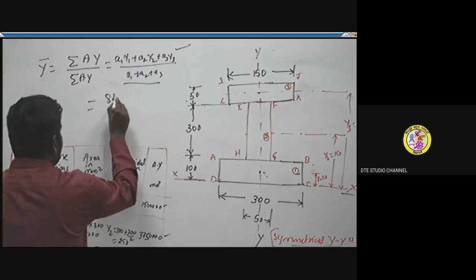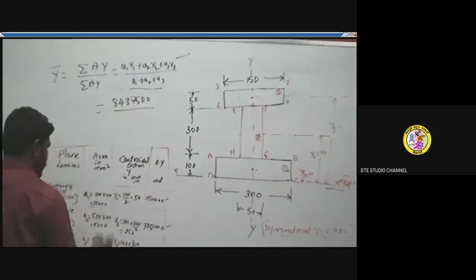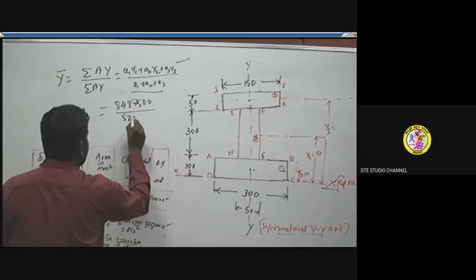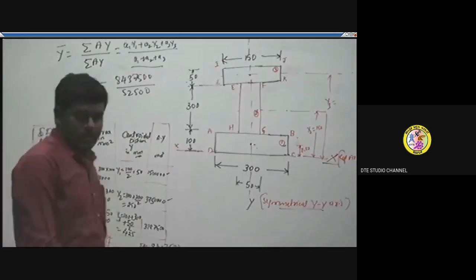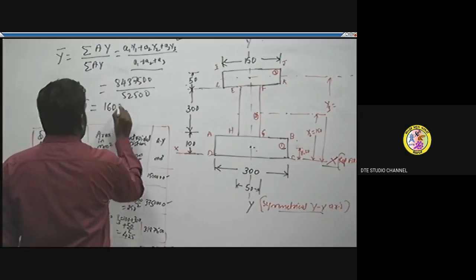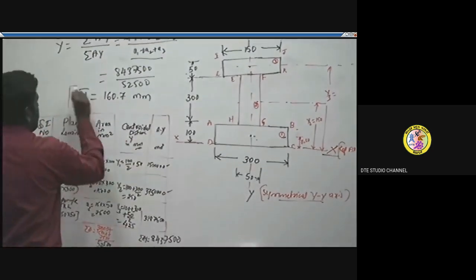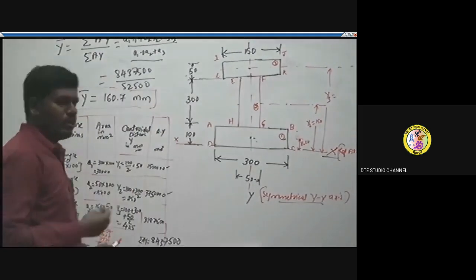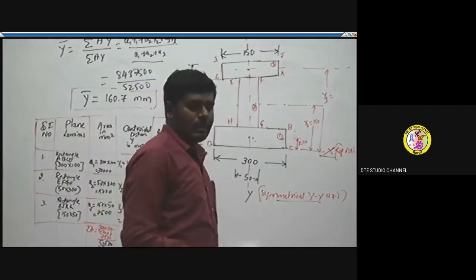The summation of the product of area and centroidal distance, we have the values here. So 8437500 upon the total area of this I section lamina, which is 52,500. Thereby we get the y coordinate distance as 160.7 mm. So this is the centroidal position, or the position of the centroid, for this given I section lamina.